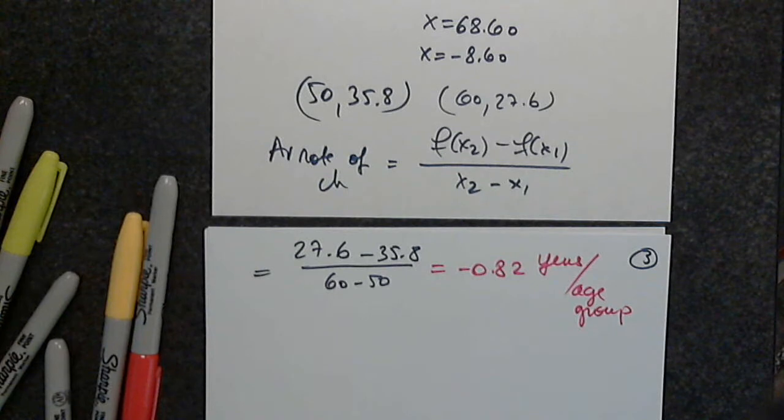So we just put age group because that's what's on the bottom. Yes, whatever the measurement unit is for the x-axis. It's still years, but since it's 50 to 60, I'm going to say age group. Yes, or just put age. Very good question. Next, is there anything else?